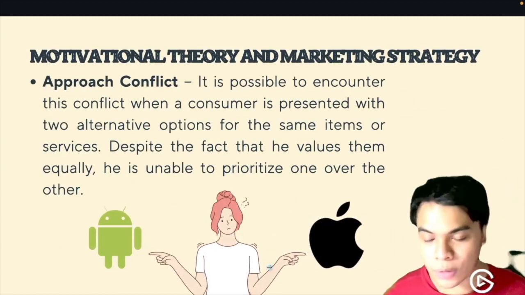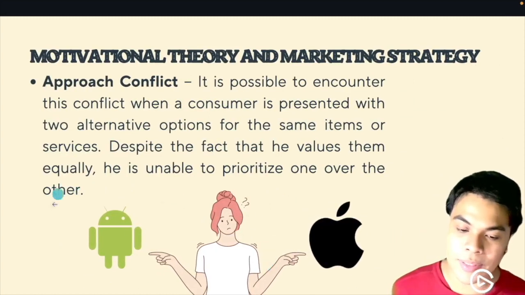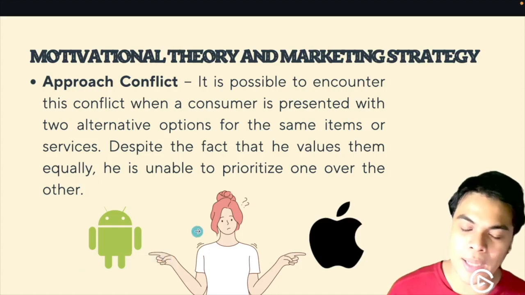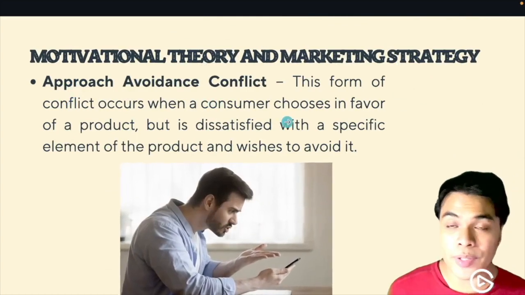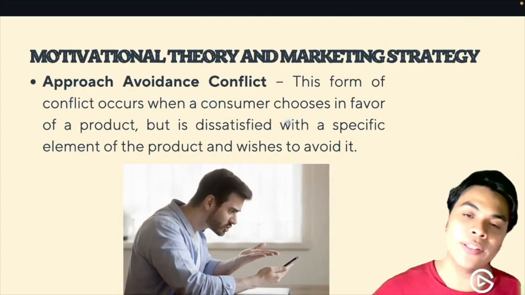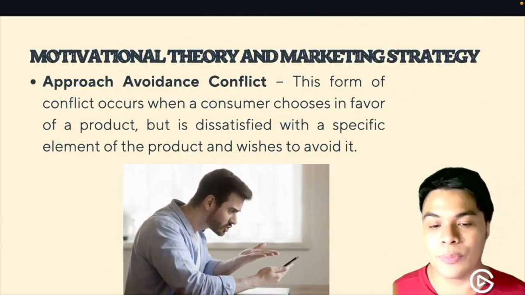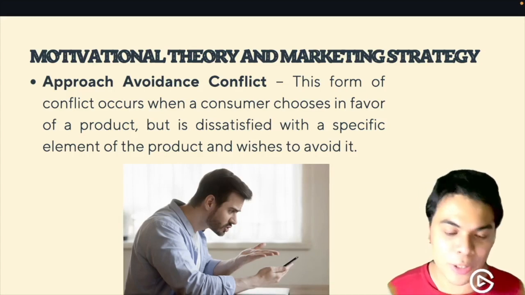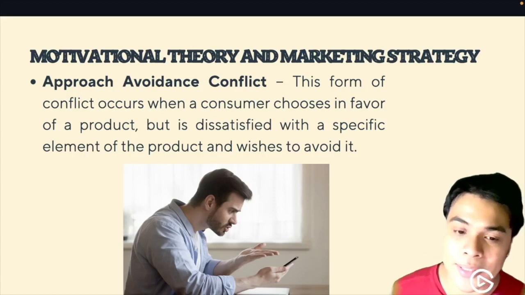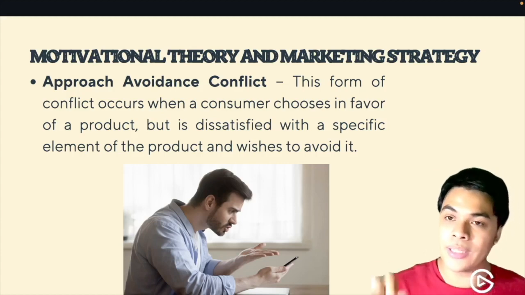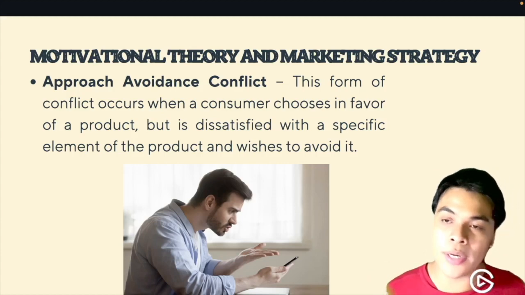Let's say, bigla kang bumili ng Android for some reason. Ang approach avoidance conflict is you have bought an alternative, yung Android, but you are not satisfied with the product. Na, ano ba itong Android, hirap gamitin, ang daming ek-ek, ang bilis malobat, etc. You have bought an alternative, yet you are dissatisfied.